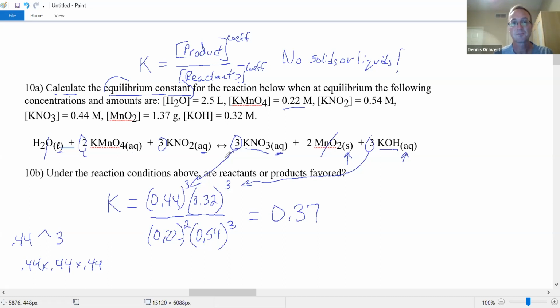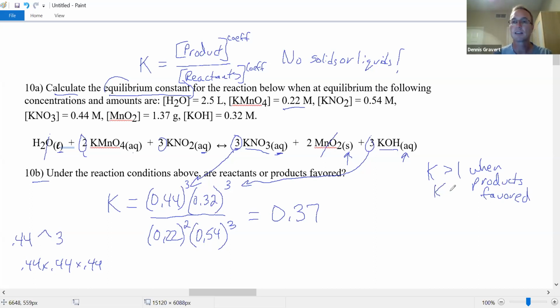Cool. Letter B, under the reaction conditions above, so these equilibrium concentrations, are reactants or products favored? If the products are favored, this is a big number and that's a small number, which means K is larger than 1. So does a reaction tend to make more products?